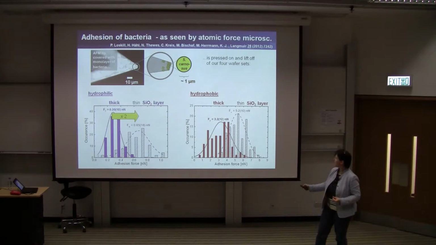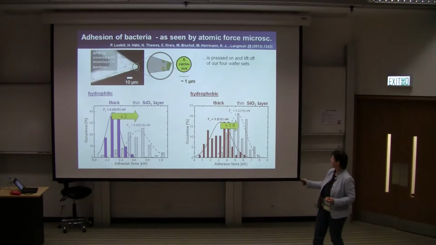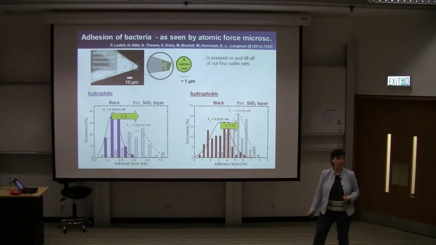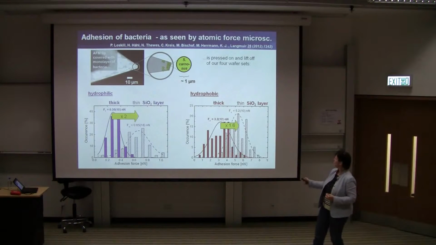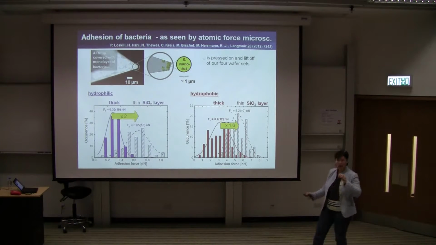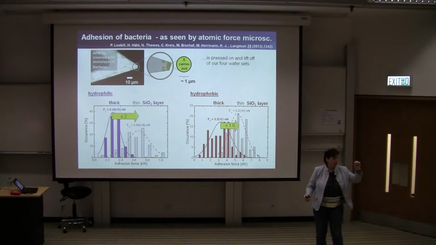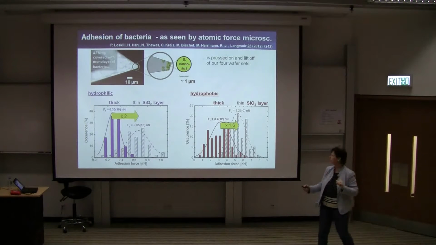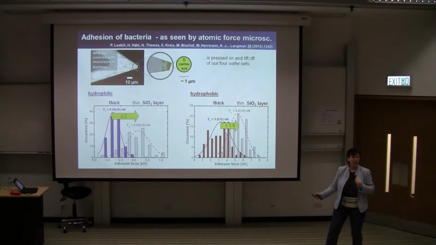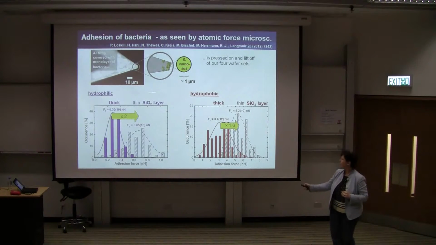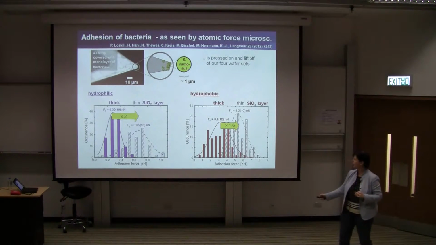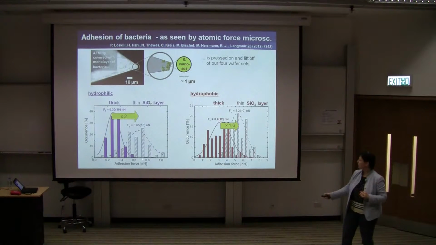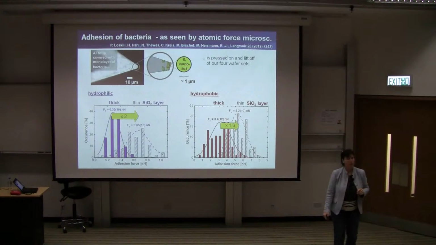If you look at the hydrophobic surfaces, we see the same thing. So higher adhesion forces on the thin silicon dioxide layer, but because the silicon here adds up with this monolayer of self-assembled silane molecules, the difference is not as big as here. Still, it is there. But if you now compare the hydrophilic and the hydrophobic adhesion force, we see that Staph carnosus more likes to adhere to hydrophobic surfaces.